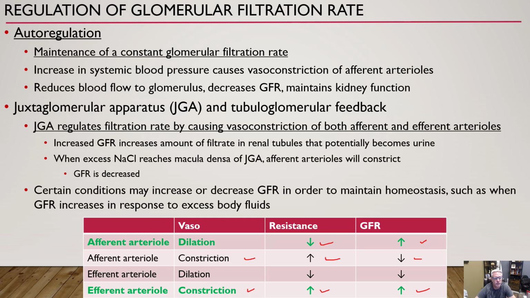What would happen to GFR as a result of a decreased blood pressure? If you have a decreased blood pressure, your GFR is going to decrease. So think of vasoconstriction of your afferent arterioles, or vasodilation of your efferent arterioles.